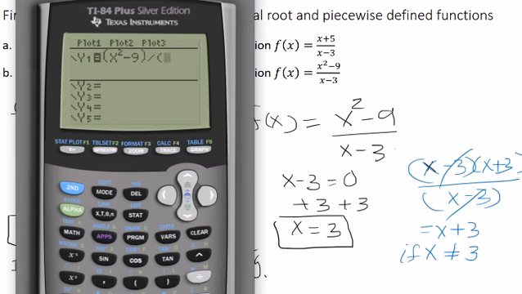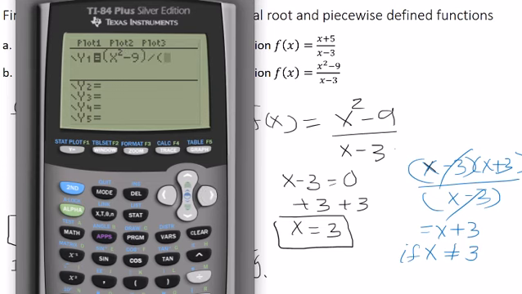So as you see, there is no problem around x equals 3. So right here, let me change the scaling here. So if I go to the Window, I guess I can make it a little bit clearer here.